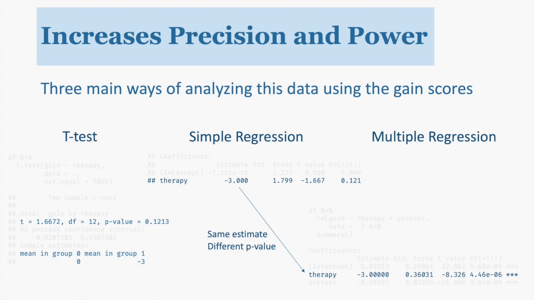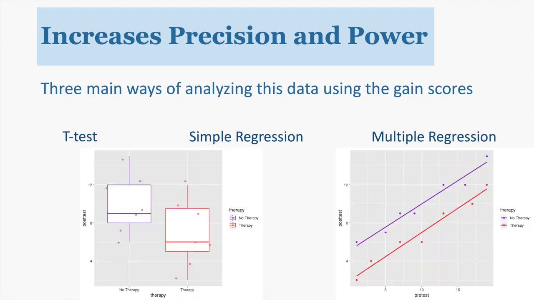Same estimate, different p-value. You can see this, the box plots show how these two tests are comparing them. There's a lot of overlap. So the red and purple overlap quite a bit, so it doesn't really look like there's much of a difference. But when we account for pretest, now we see that there's really no overlap when you consider the two lines.